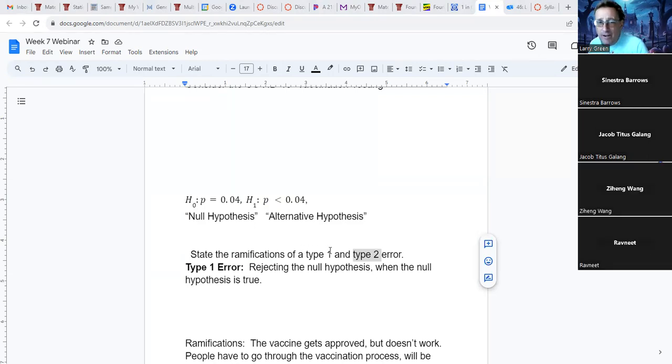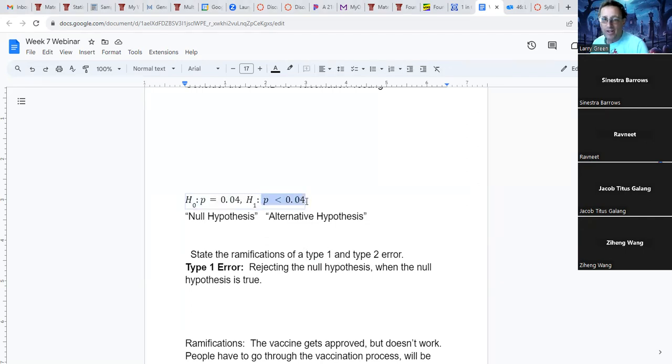So the type 1 error is a false positive. The idea of a type 1 error is you're saying that you're right, P really is less than 0.04 based on your sample, but actually your sample was not typical and you weren't right.